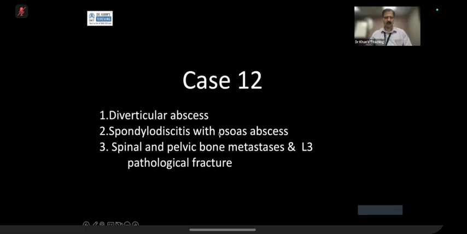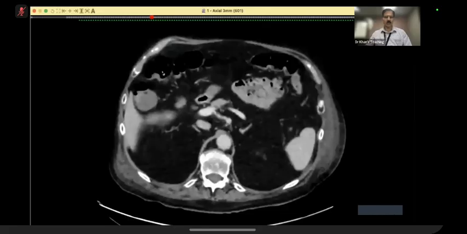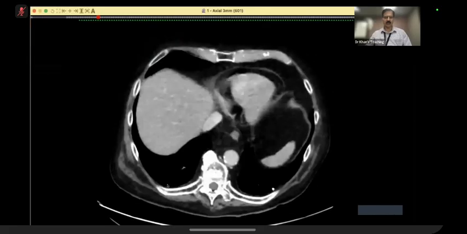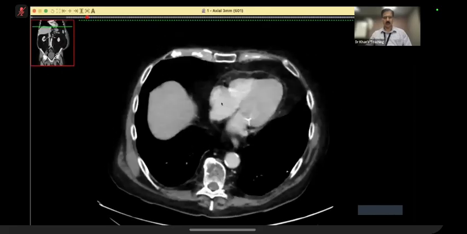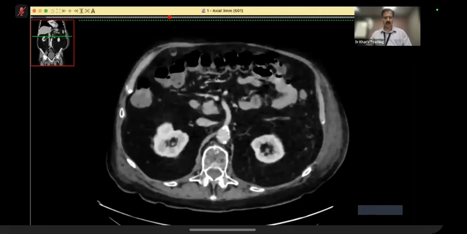This is the main finding, because for that the treatment or the regime of the antibiotics will change. That is the key finding, and the classical learning point in this case is satisfaction of search. Don't stop, keep looking, your bone window, everything.